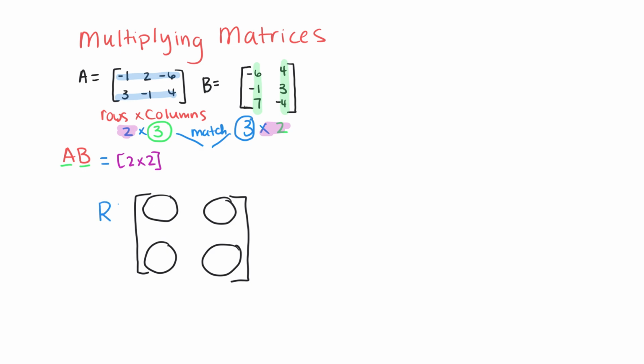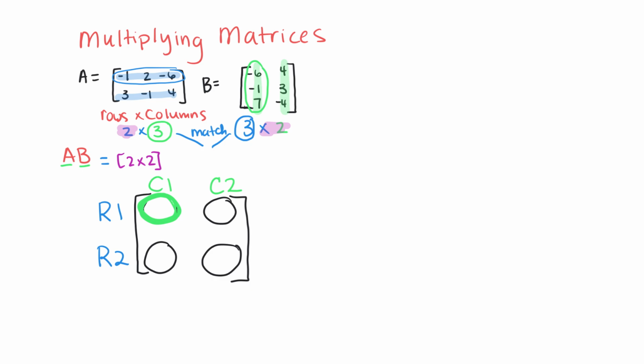This is my row 1, this is my row 2, this is my column 1, and this is my column 2. When I want to find this number right here, I'm going to take row 1 of the first matrix and multiply it by column 1 in the second matrix, because it ends up being in row 1, column 1 of my answer.